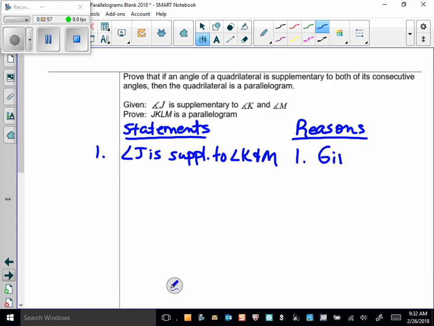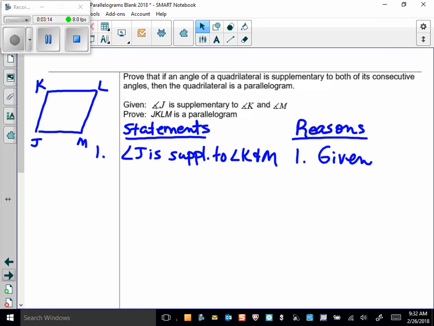That's given. Oh my goodness, you know what I got to do? I got to come over here and draw myself a picture. I can't believe they gave me this with no picture. So what have I got? J, K, L, M. All right. So what is that given piece of information?